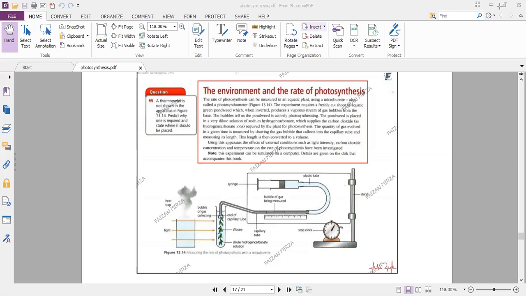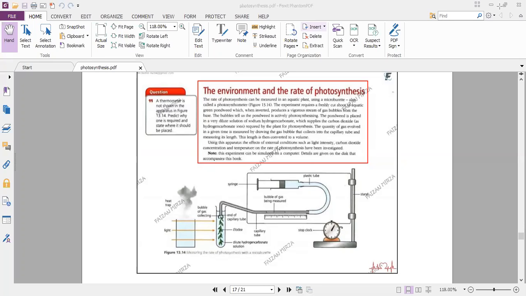The other thing that can be done from the same setup is to see how much the rate of photosynthesis depends on carbon dioxide concentration. You can keep the light source constant and change the carbon dioxide concentration. How can you do that? For example, you set your experiment at a 50-watt bulb or a 40-watt bulb.